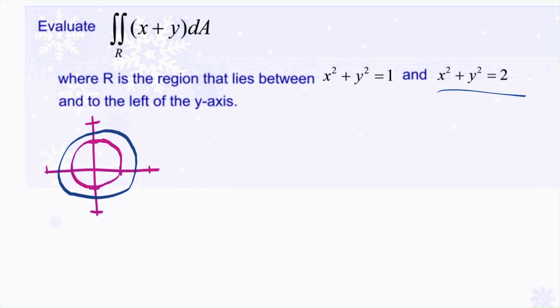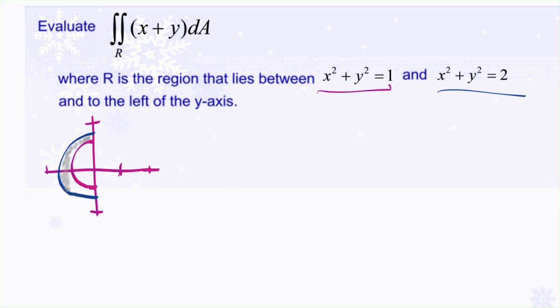It looks like I'm drawing all of it. I really shouldn't draw all of it because it just says it's to the left of the y-axis. So I'm just going to go ahead and erase so I have everything to the left of the y-axis. So here is my graph. In anticipation of integrating with polar coordinates, what I'm going to do is find the boundaries.